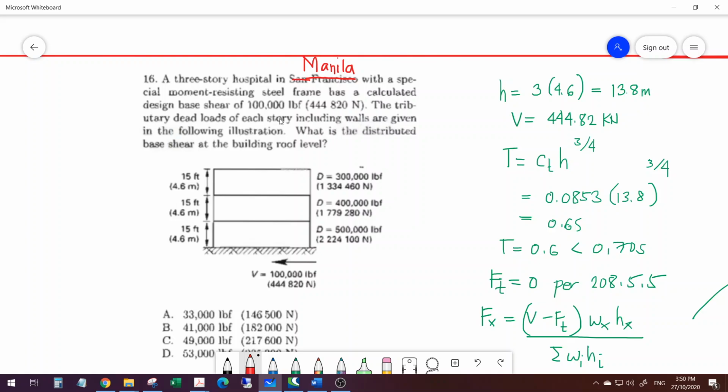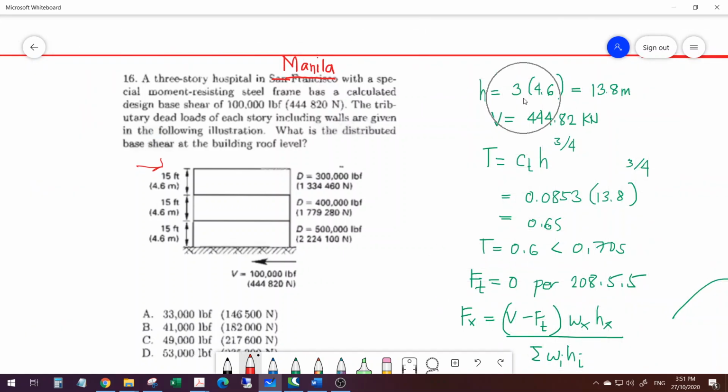The tributary dead loads of each story, including walls, are given in the following. What is the distributed base shear at the building roof level? So we need to identify the force at this level. You need to distribute the base shear vertically.